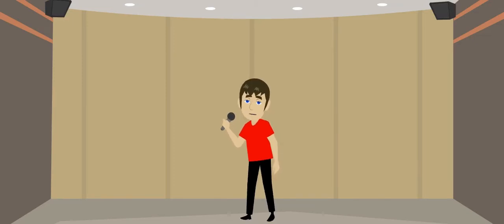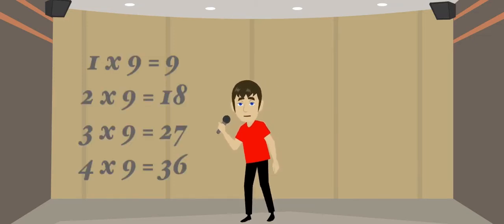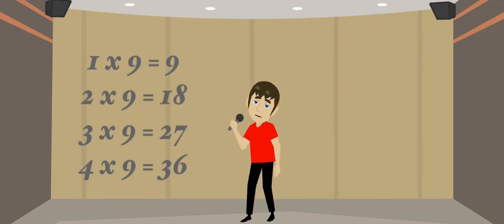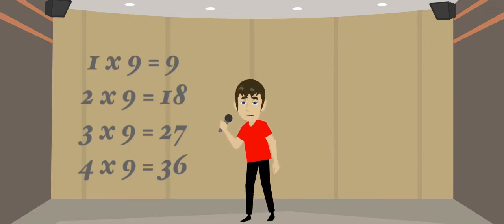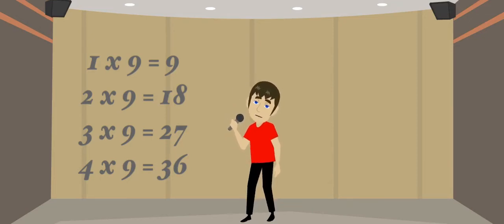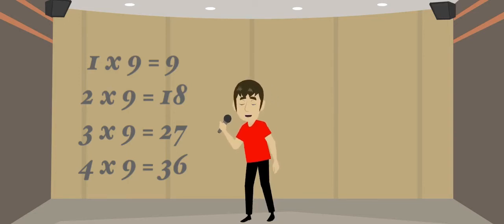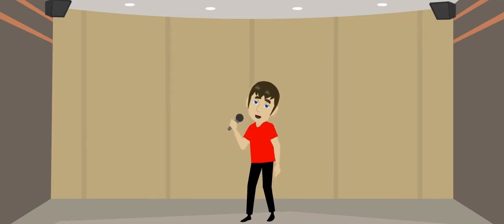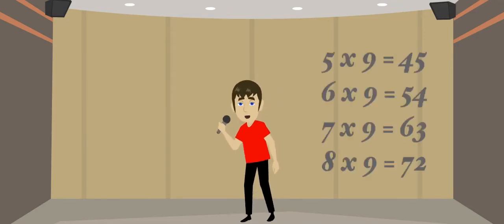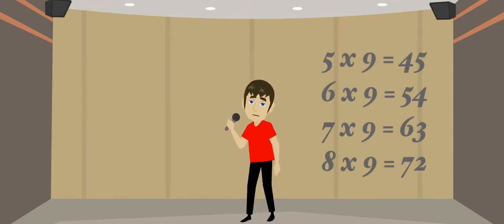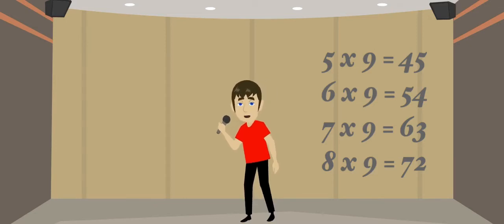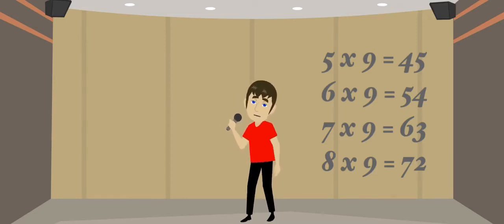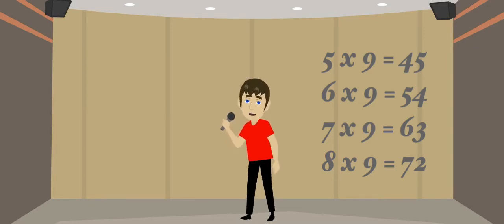Let's do it again. 1 times 9 is 9. 2 times 9 is 18. 3 times 9 is 27. 4 times 9 is 36. Let's multiply by 9. 5 times 9 is 45. 6 times 9 is 54. 7 times 9 is 63. 8 times 9 is 72.